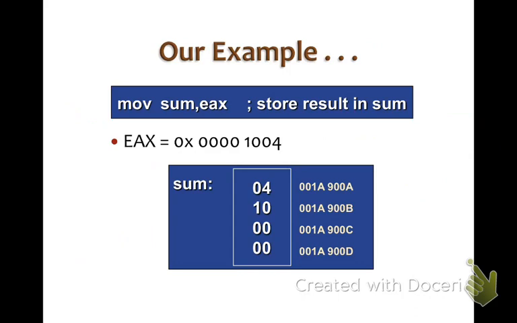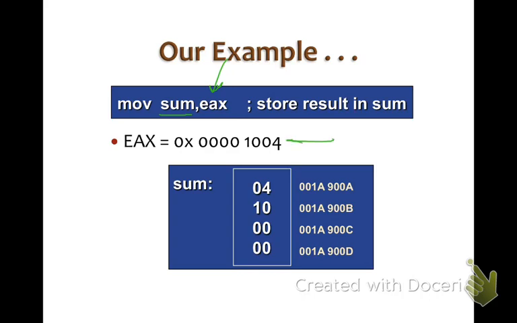With respect to bytes, I need to talk a little bit about how these bytes are actually stored in memory. Okay. So in this example, by the instruction, we want to store our results, which are in EAX, in a place in memory associated with the identifier sum. So here's what you might suspect. Let's suppose that EAX has this value in it.